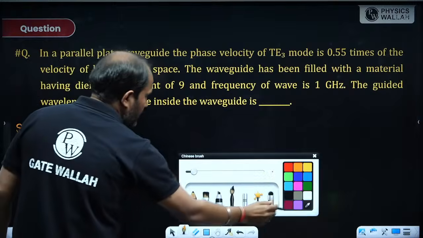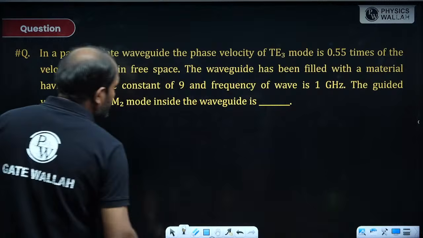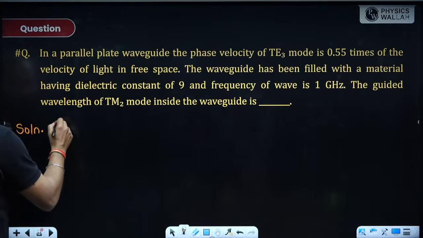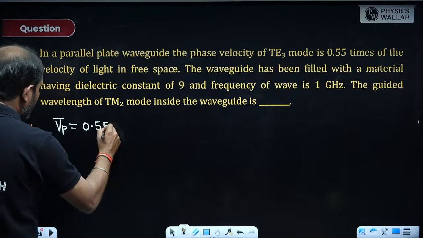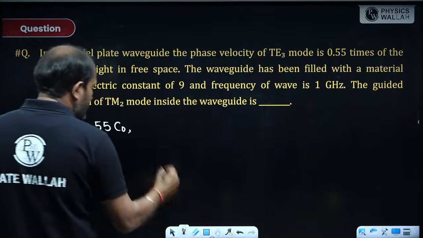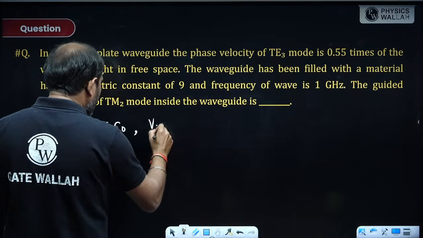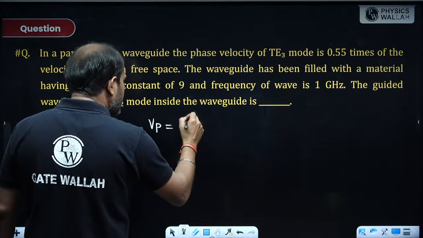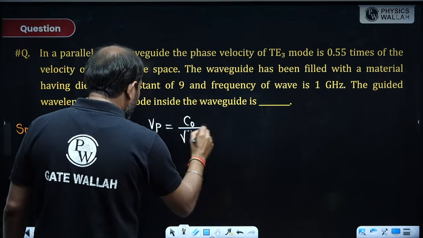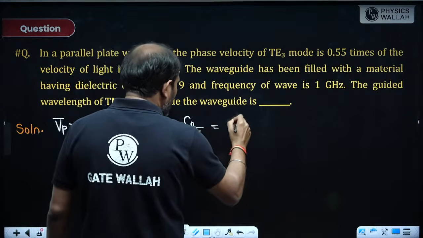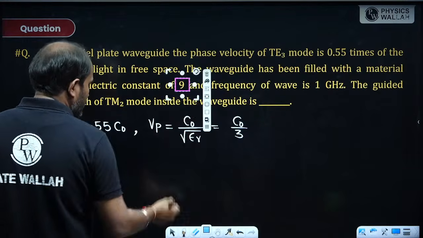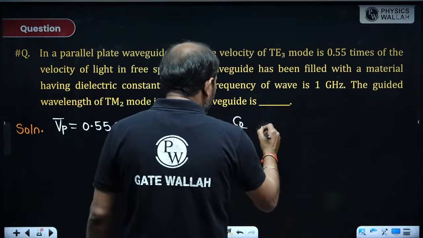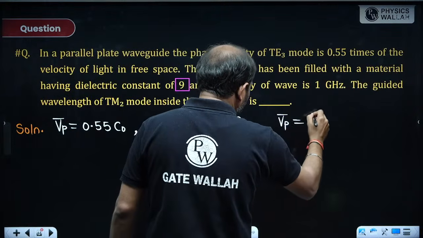So first of all, what is the value? Vp bar is equal to 0.55 times C naught. Vp is equal to C naught upon root of mu epsilon, so C naught by 3 since epsilon r is 9. And Vp bar is equal to Vp upon cos theta.